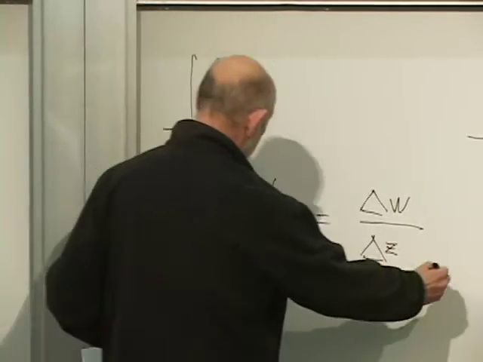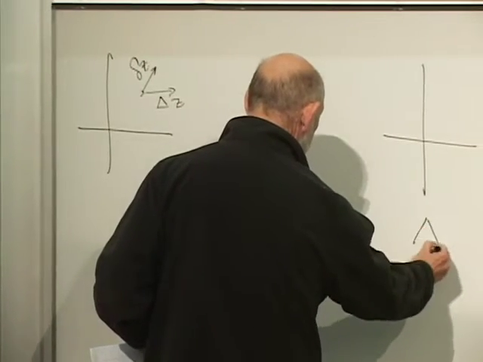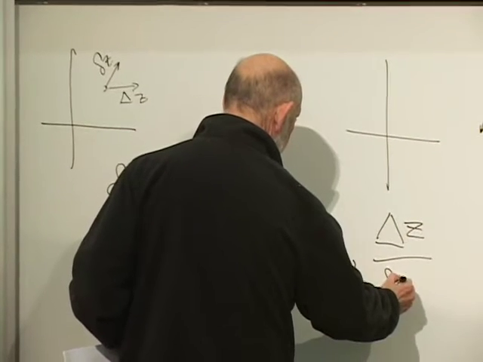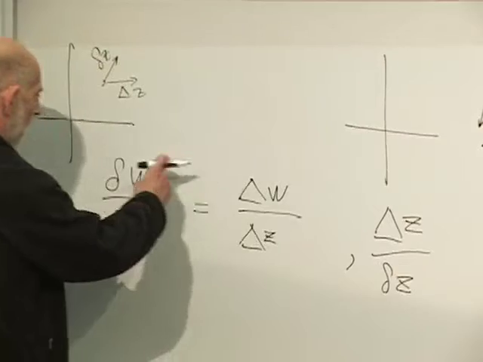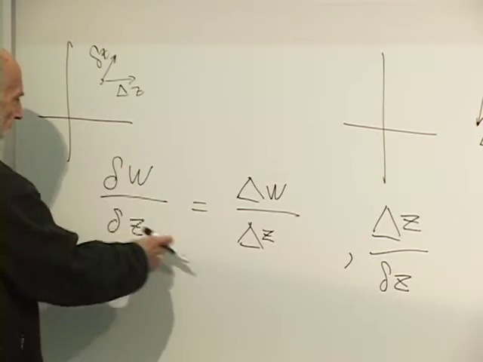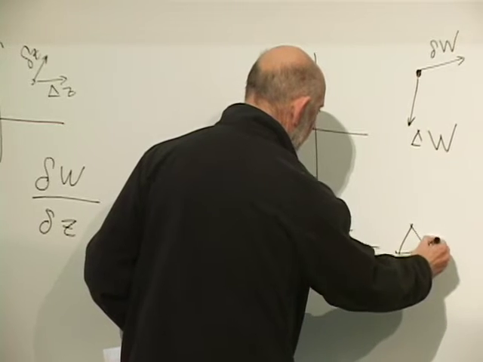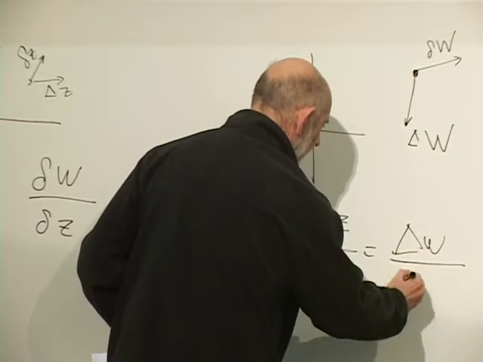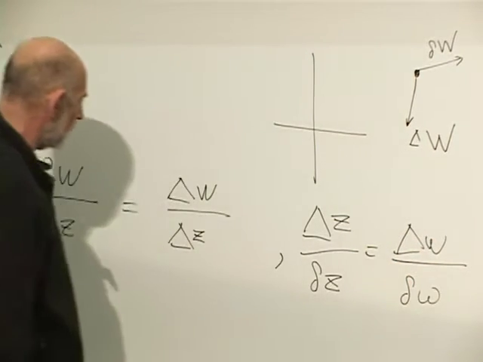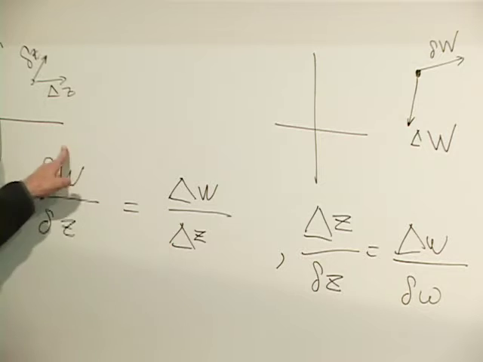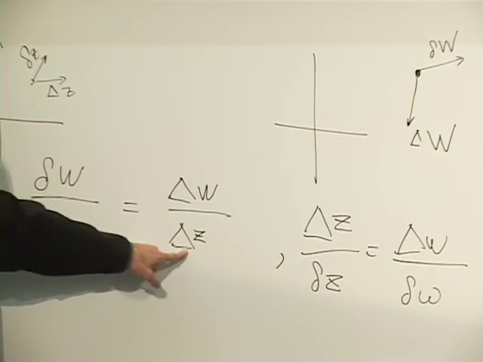We can write this in another way: big delta z divided by little delta z is equal to big delta w over little delta w. Everybody see what I did? I put this one upstairs and this one downstairs, that's all.